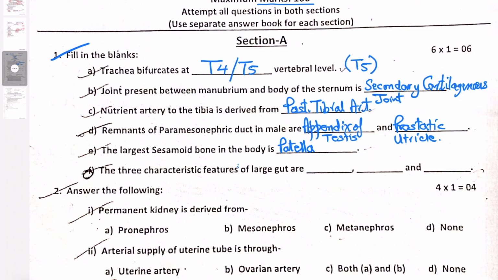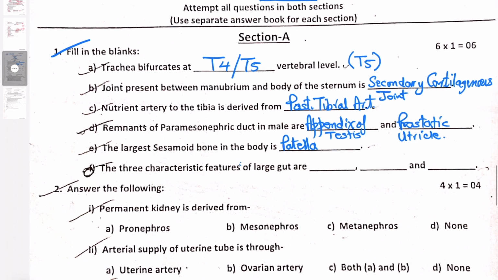So, considering the gross anatomy of the large intestine, you can mention that there are haustrations. Haustrations are the beaded dilatations in the large intestine. Then there is taenia coli.